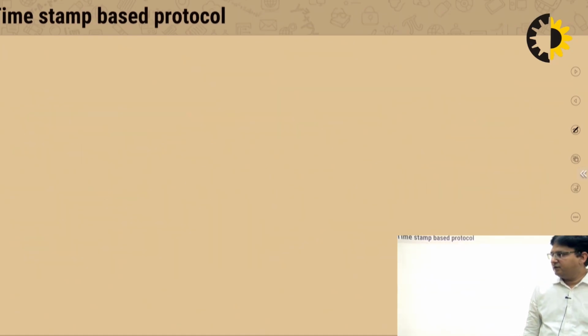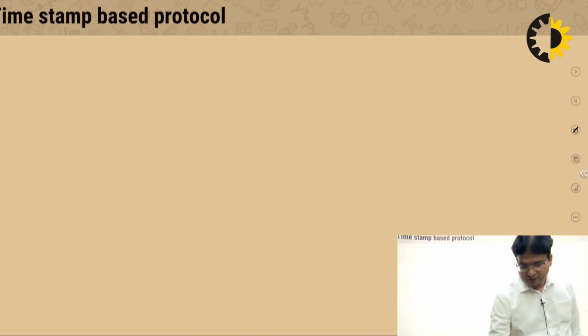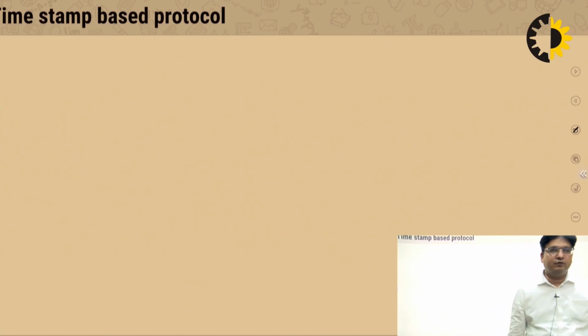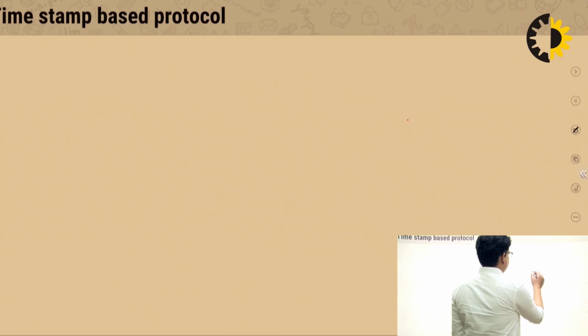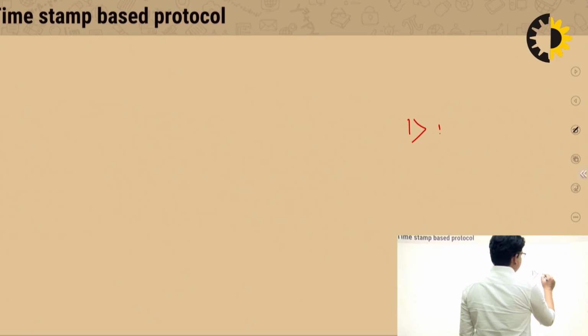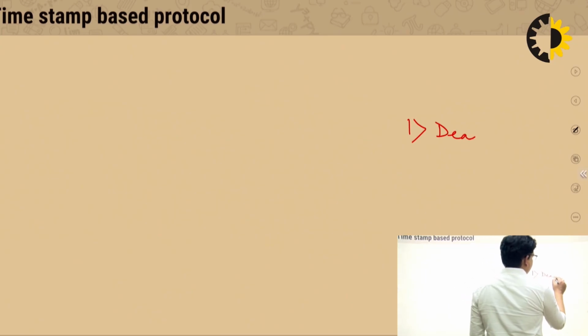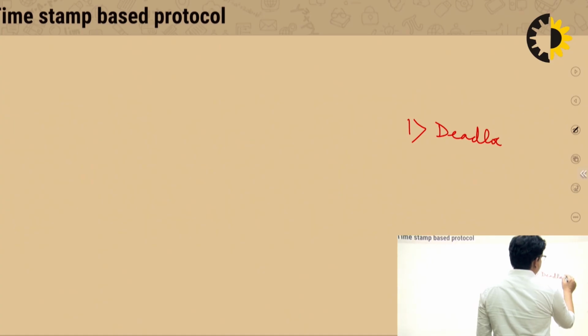Next protocol is the timestamping protocol. Now see, two-phase locking has the problem that it is not deadlock free. The entire locking protocol is not deadlock free. So there are certain problems with them: whether it is the simple locking protocol or the two-phase protocol, they are deadlock prone.